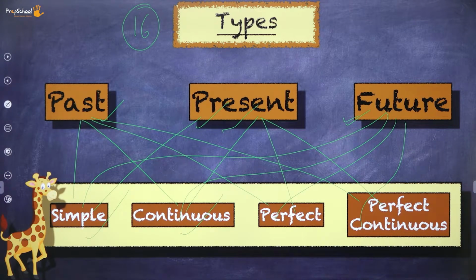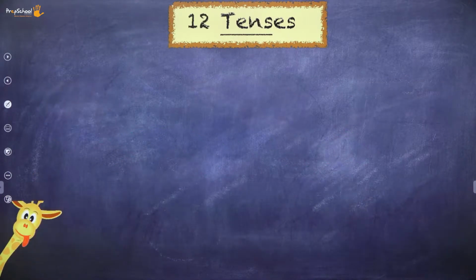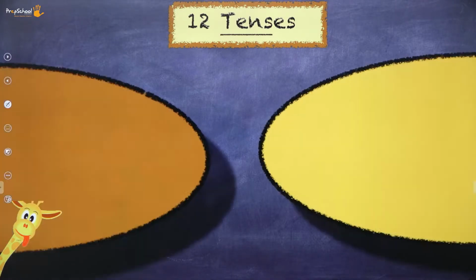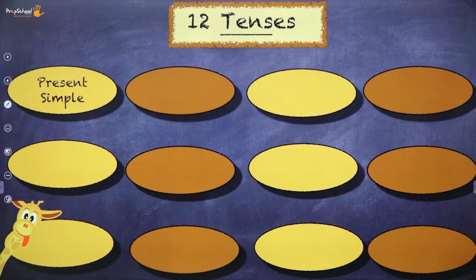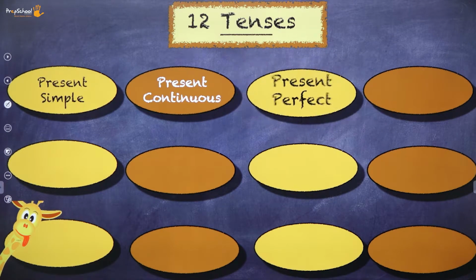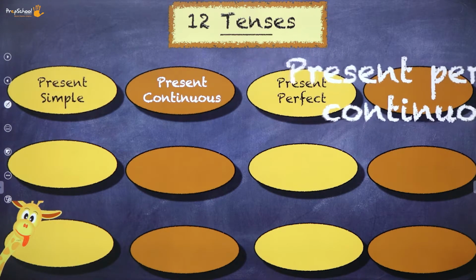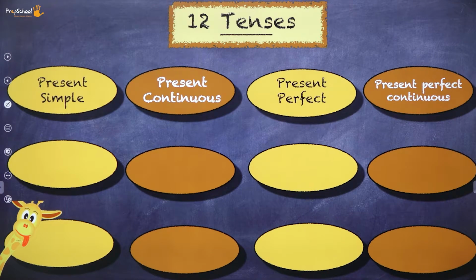So we derive at 12 kinds of tenses. What are the 12 kinds of tenses in English grammar that we are going to learn today? The first one being present simple, second present continuous, third present perfect, fourth present perfect continuous. So these are the four present tenses.